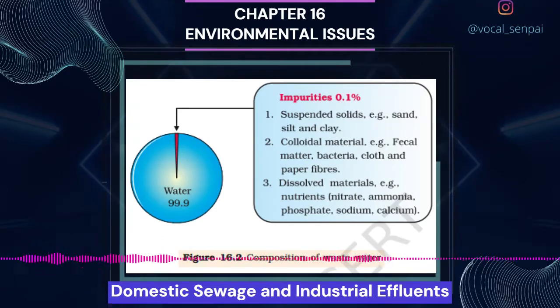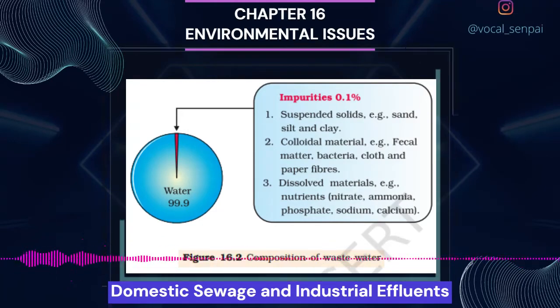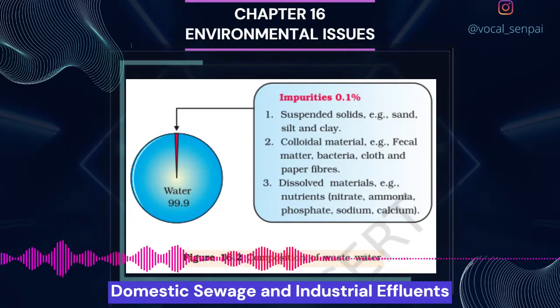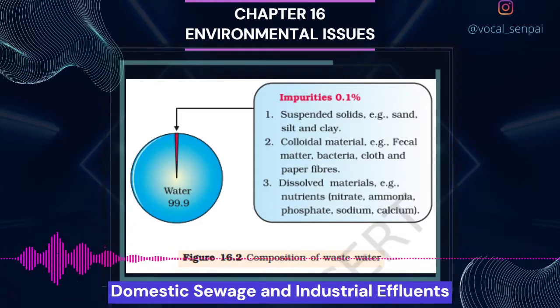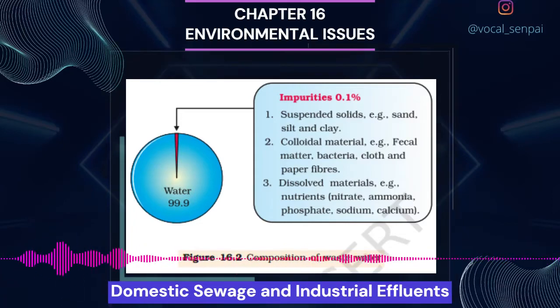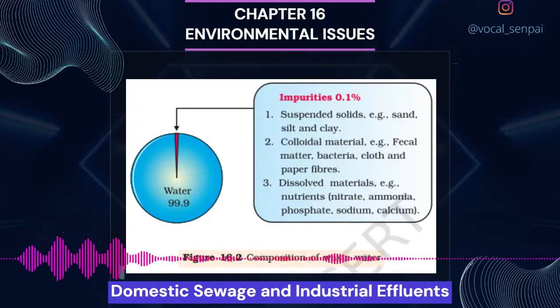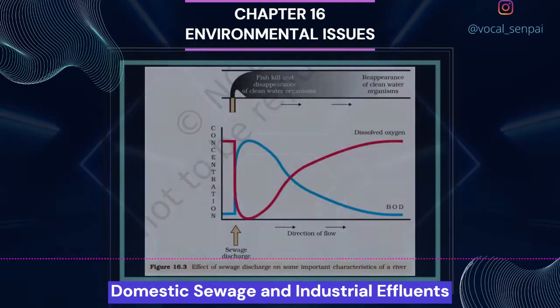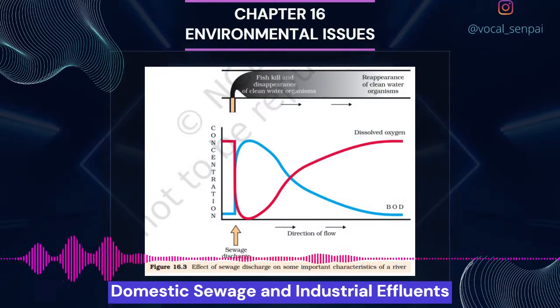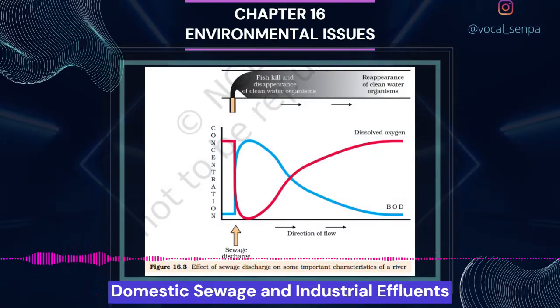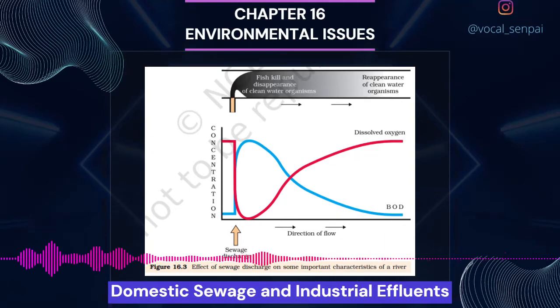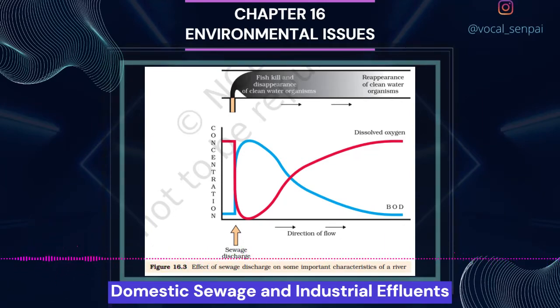This causes mortality of fish and other aquatic creatures. Presence of large amounts of nutrients in waters also causes excessive growth of planktonic, free-floating algae, called an algal bloom, figure 16.4, which imparts a distinct color to the water bodies. Algal blooms cause deterioration of the water quality and fish mortality.